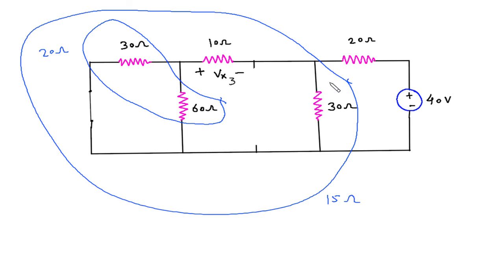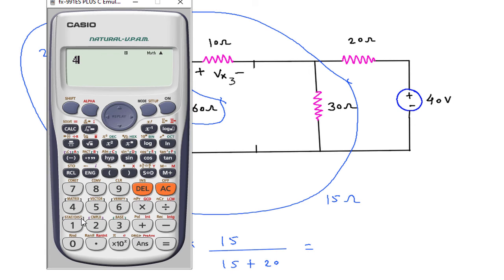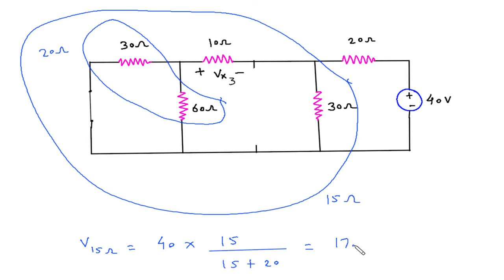Now the voltage across this 15 ohm will be V15 ohm equal to this voltage 40 into this resistance, which is 15 by 15 plus 20. So this will be 40 into 15 by 15 plus 20, which is 17.14 volt, the voltage across this resistor.